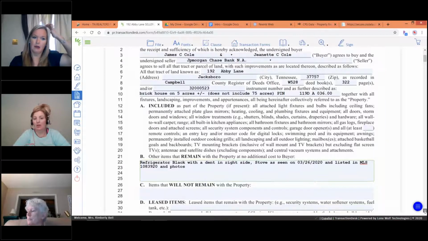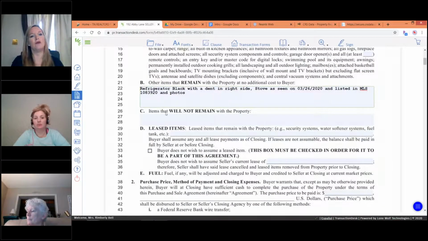So what would you not want to remain with the property? Becky, do you know what you would not want to remain with the property? Well, like if you had a gas grill or something that you were going to take.